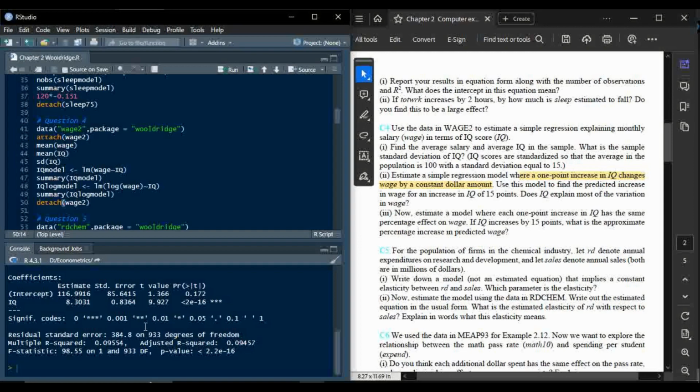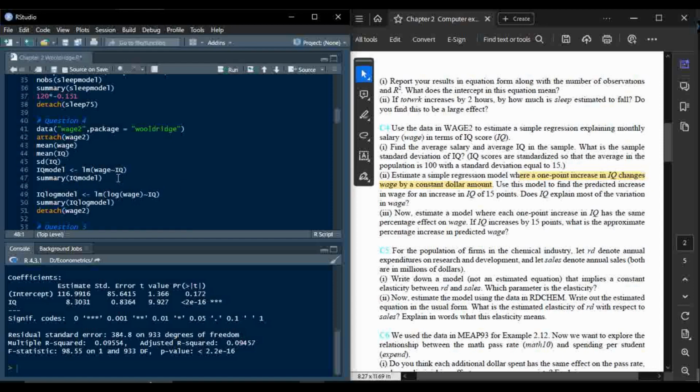Now read this question: does IQ explain most of the variation in wage? No, IQ score does not even explain 10% of the variation in wage. And also look at this sentence: use this model to find the predicted increase in wage for an increase in IQ of 15 points. So suppose IQ increases by 15 points, then what will be the change in wage of an individual?